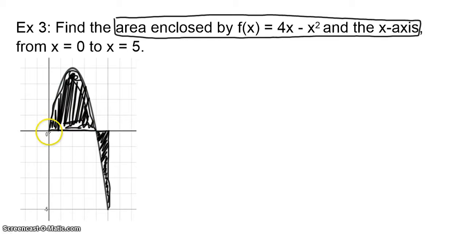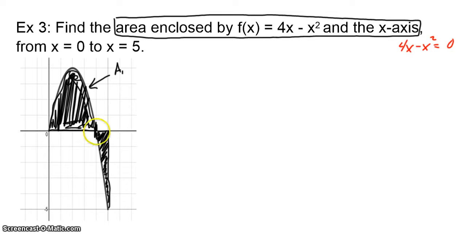Well, what is that x point right there? So what is the area where the function is positive? I'll call it A1. Well, how do we find that point? Well, where's the function equal to 0?